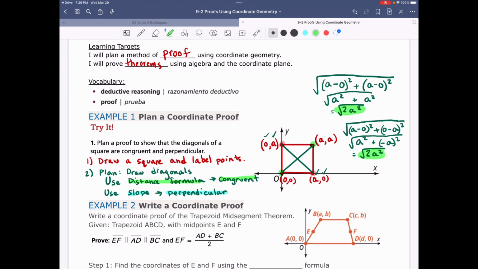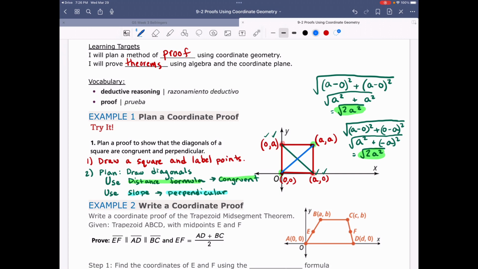Now, the second part of our plan was to show that the diagonals are perpendicular, and we're going to use slope. So what is the slope from here to here?